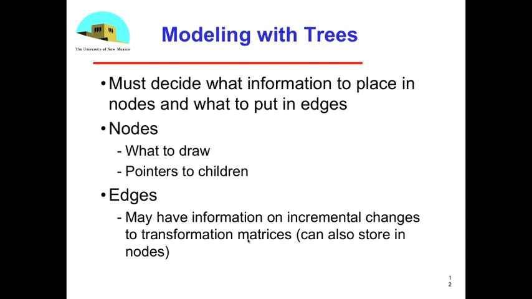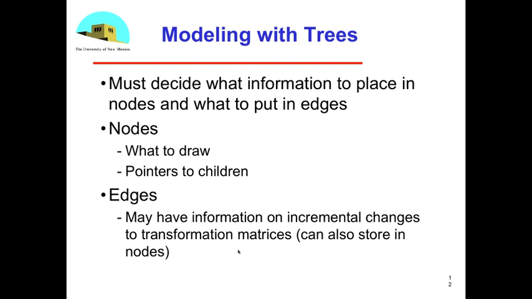And this information can be stored on the nodes or on the edges. What we're going to wind up doing, at least in the examples I'll give you today and in the next lecture, is storing all of the information in the nodes. It'll tell you what it is you have to draw, and it'll point to the children of that node.